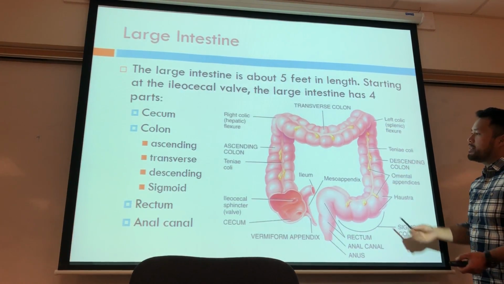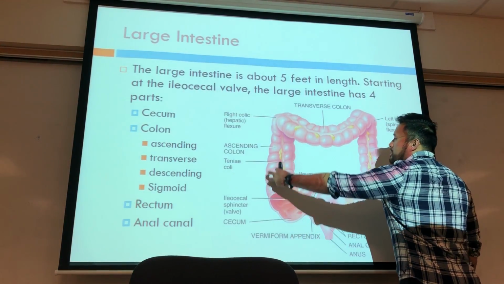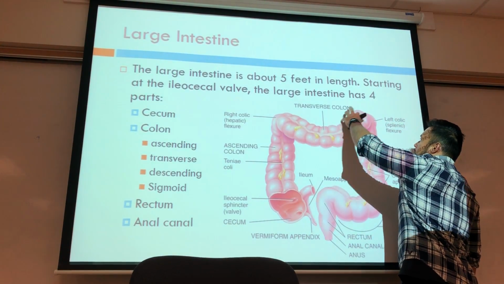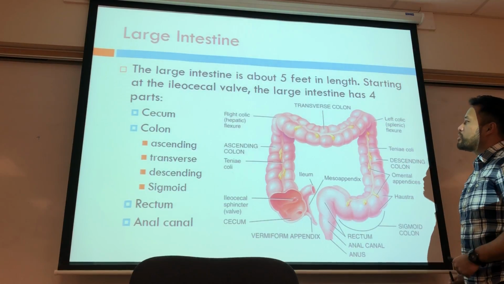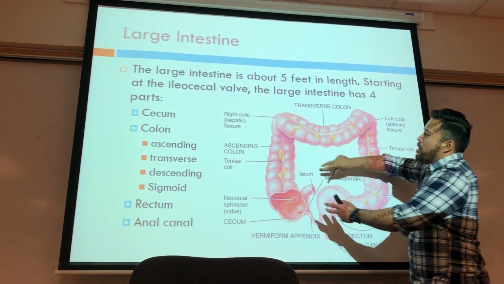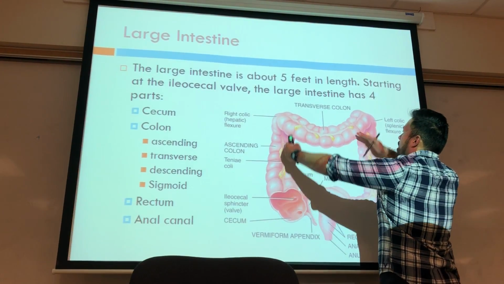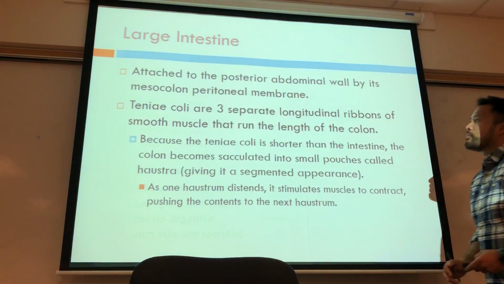It basically helps scrunch things up. They contract to create these little different segments that you can see. So in cases where the muscle is relaxed, you get a longer length of intestine, and when these contract, they help scrunch it all up together.